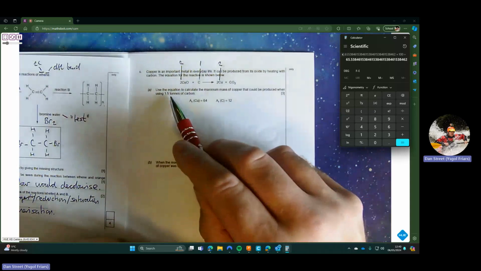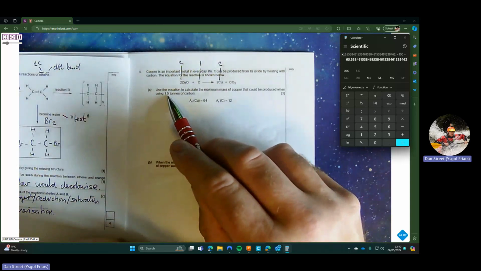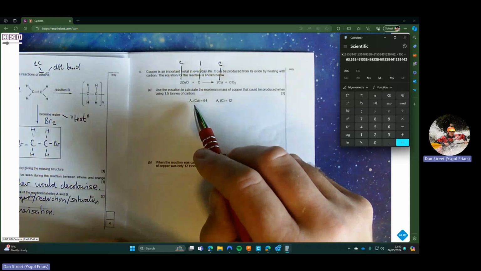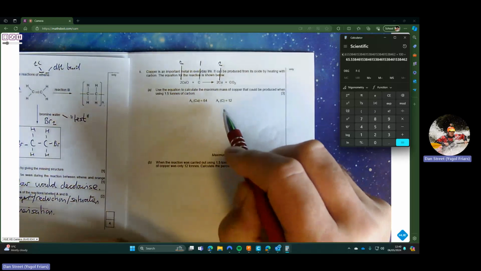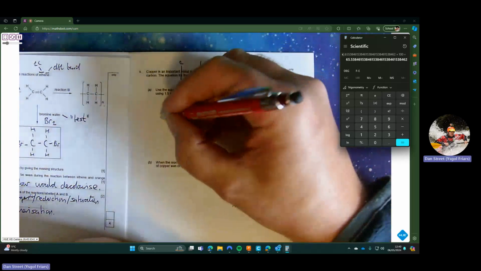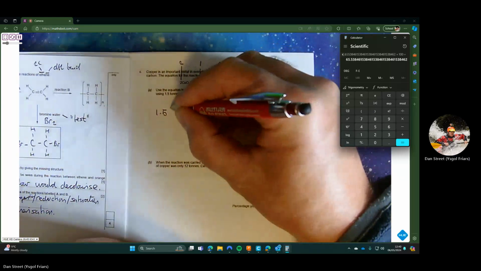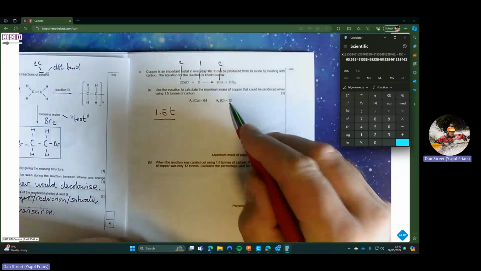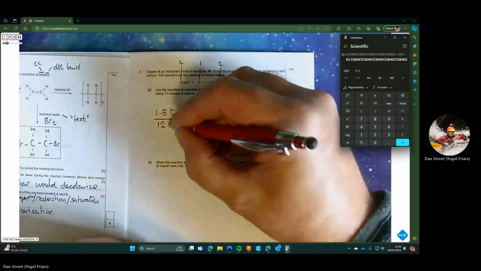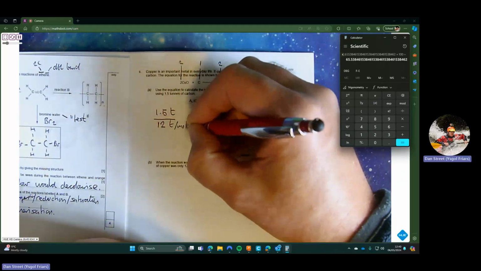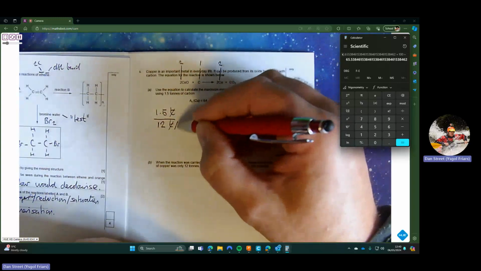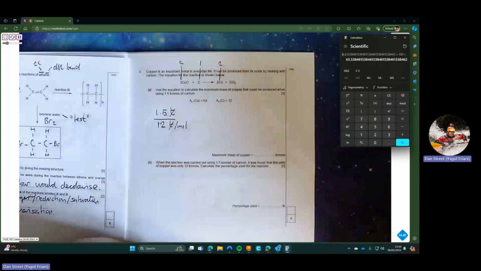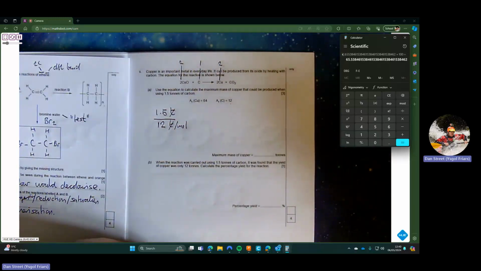So what we need to do is work out how much carbon there is in 1.5 tons, and then we can double it in terms of moles, and then we multiply that by the MR of copper, and that'll give us the mass. So we've got 1.5 tons of carbon. If we divide that by 12 tons per mole, that's not strictly accurate, however the units will work because tons will cancel.